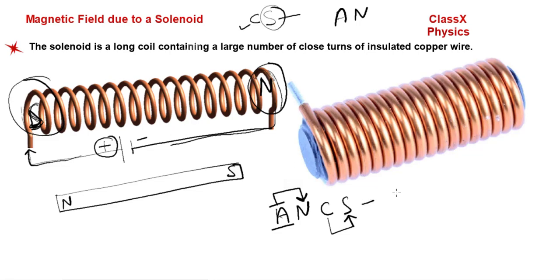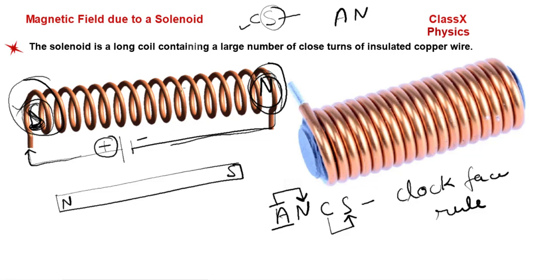It was defined by the clock face rule. So here the flow of current is anti-clockwise, so this face will be the north pole, and this face observes clockwise flow of current, so it will be the south pole. So polarity is defined by the clock face rule.